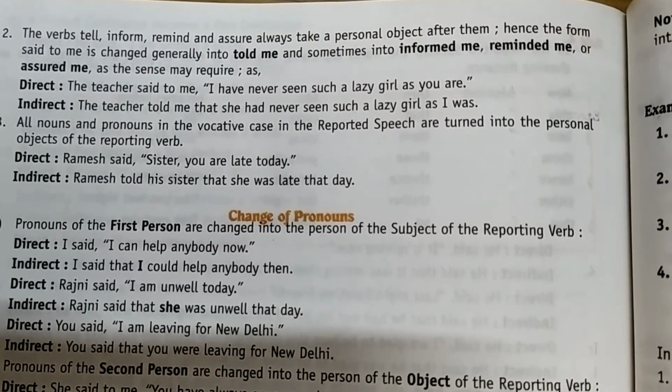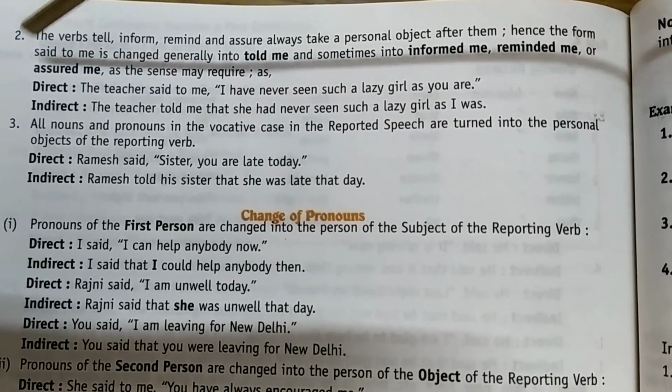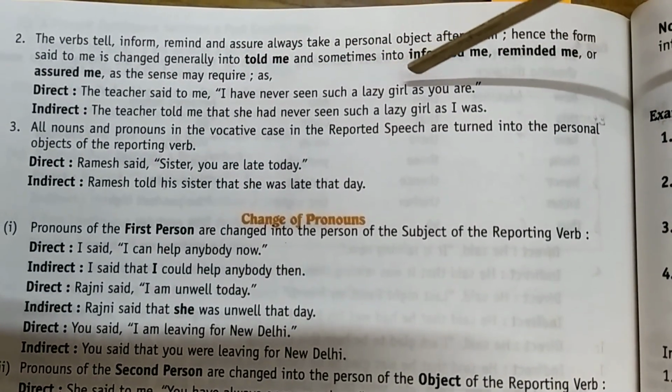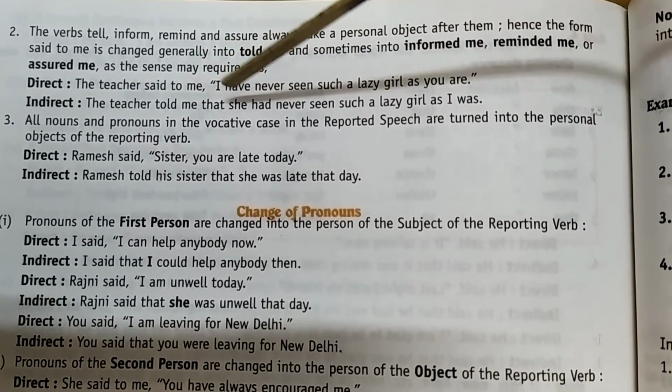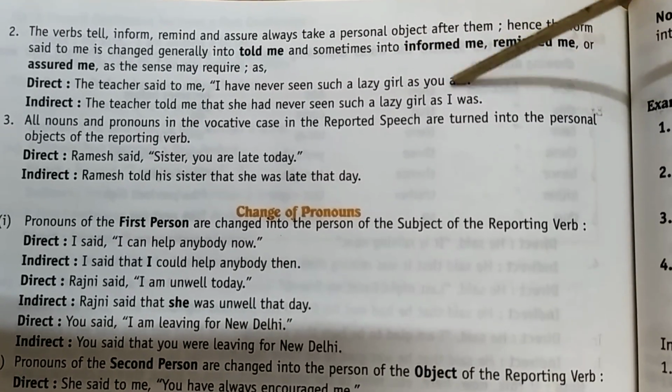As per the sense it is conveying. Let's see how. The teacher said to me, I have never seen such a lazy girl as you are. Indirect, the teacher told me that she had never seen such a lazy girl as I was.